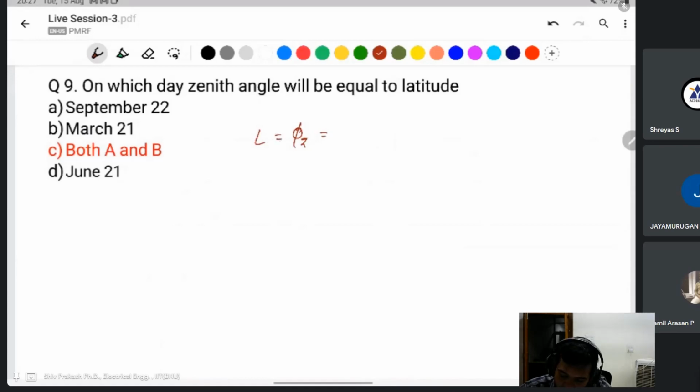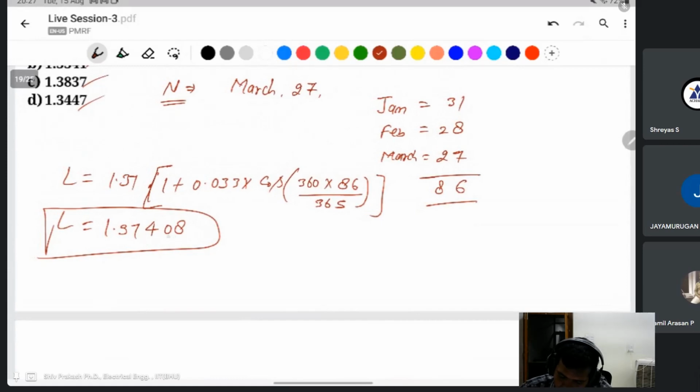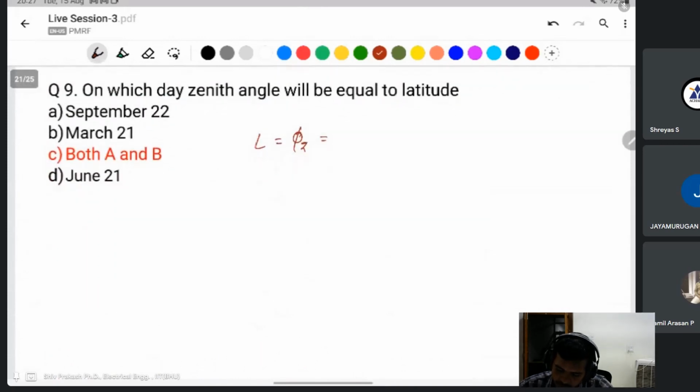You can take the value as approximately 1.3741. It will be the same. Maybe the options will be a mismatch.